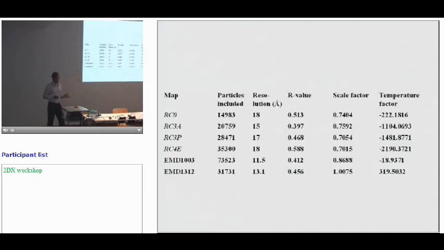So this is an output. The RSTATS program gives a lot of information for the refinement, but this is a summary here. These are ribosome structures, and these are four structures from our lab. This specimen suffers from heterogeneity, and we have split up the complete data set using Scheres' maximum likelihood approach.